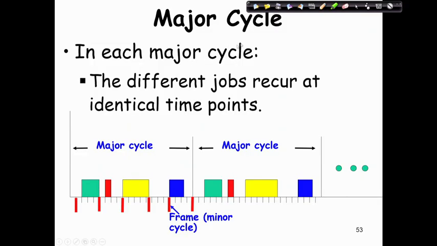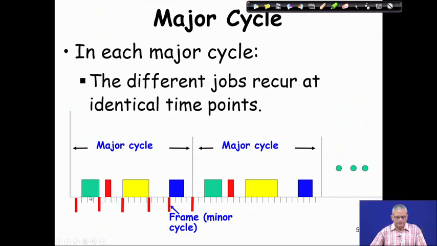In the major cycle, the tasks are assigned to frames. Let us say this green task to the first frame, a red one to the second, yellow one to the third, and so on. And in the next major cycle, they are repeated identically.